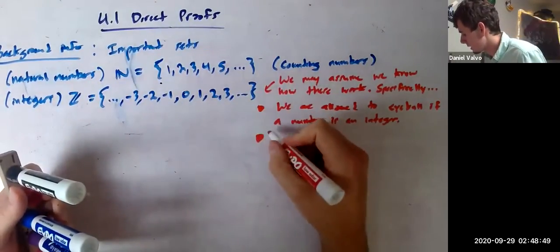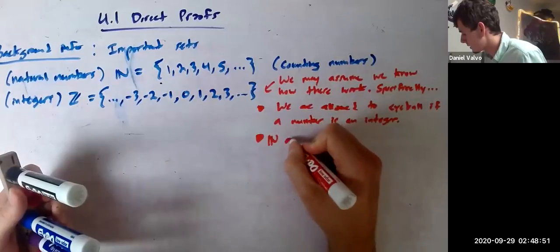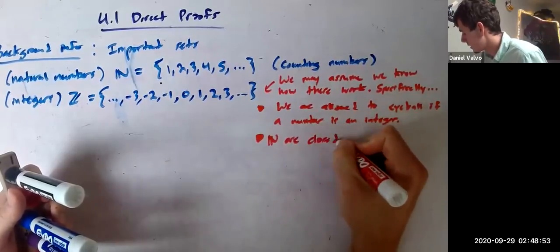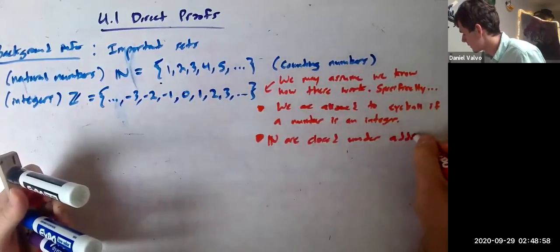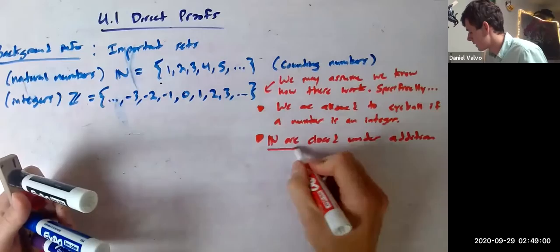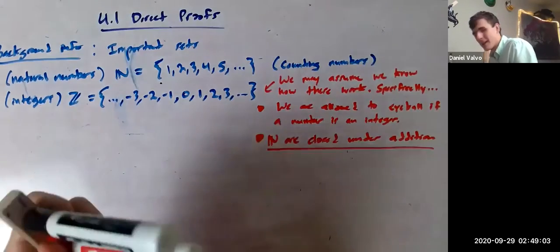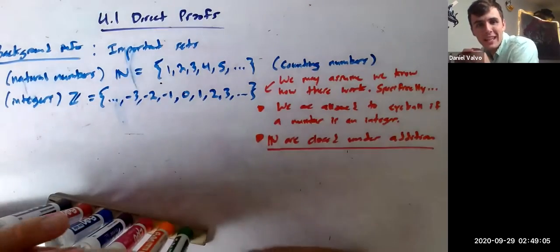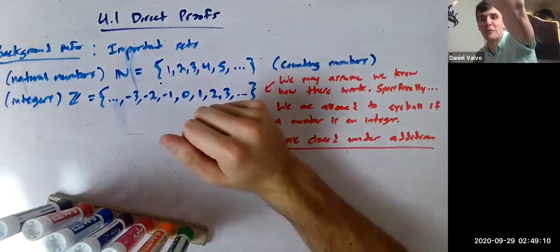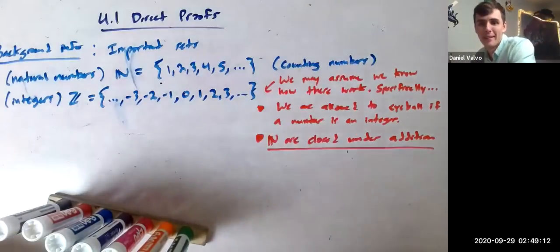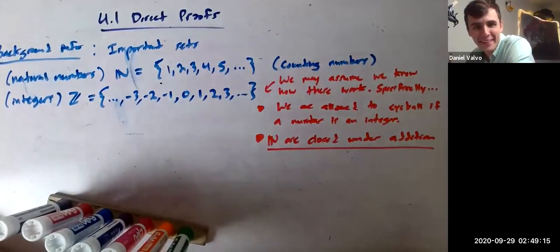You can use that the integers are closed under addition. And what does the integers being closed under addition mean? First of all, what does that sound like it means to someone that's never heard before? Does it sound like no shirt, no shoes, no service? Like, does it sound like they don't work?